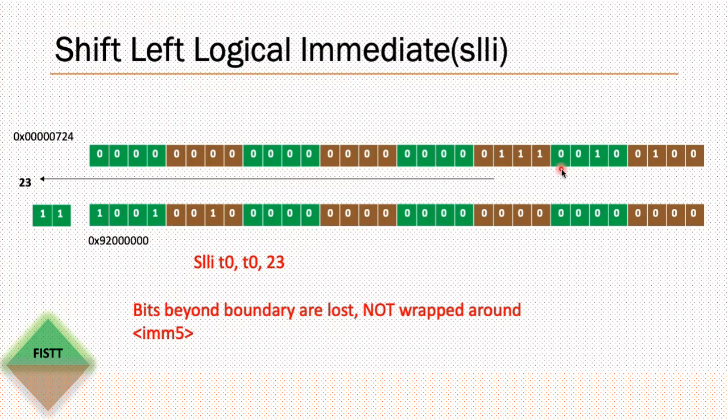The rest of the bits come here, so this value becomes 920 followed by all zeros. So this is the new value once you do shift left logical immediate by 23 bit positions.